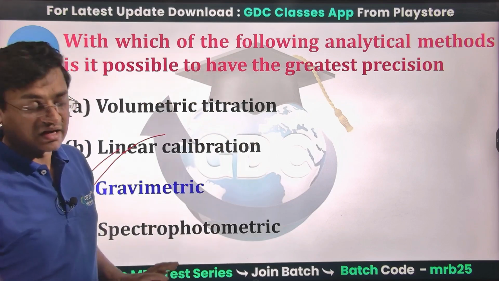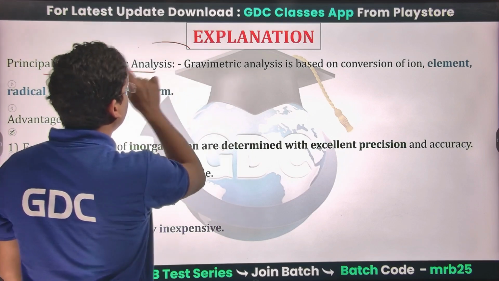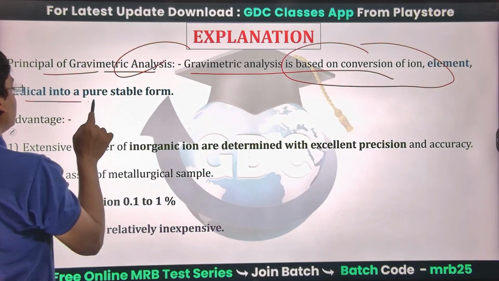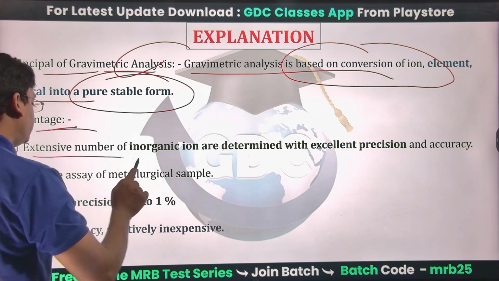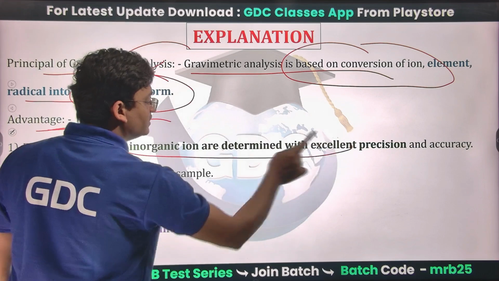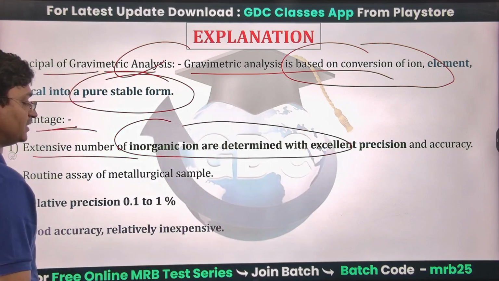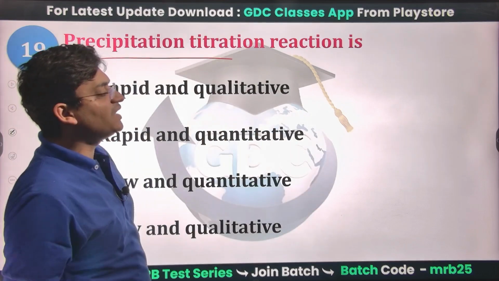So C will be the right answer. The principle of gravimetric analysis is based on the conversion of an ion, element or radical into a pure stable form. Advantages are that a large number of inorganic ions are determined with excellent precision and accuracy with this kind of method.